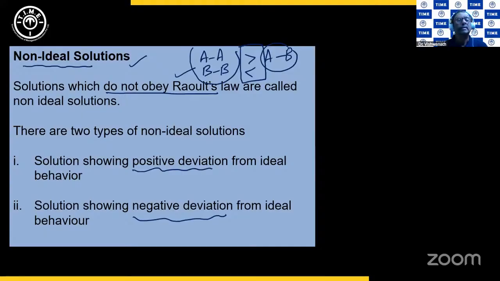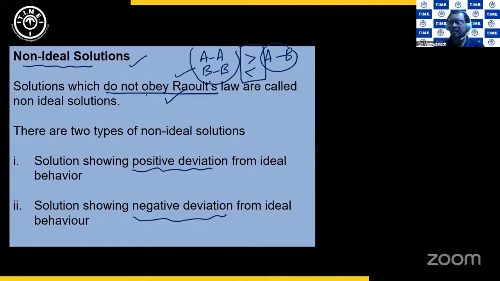So this is something which we find happens in almost all solutions, because all solutions are non-ideal. They are not ideal solutions because molecules are not identical. They'll not be very close to each other unless there are isotopes. For example, as we mentioned, hydrogen replaced by a deuterium, or a C12 replaced with a C13 or a C14.